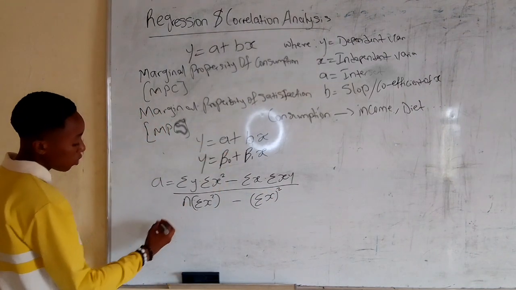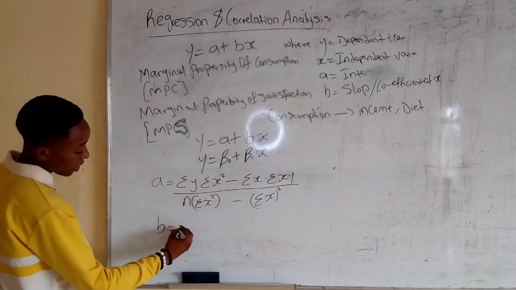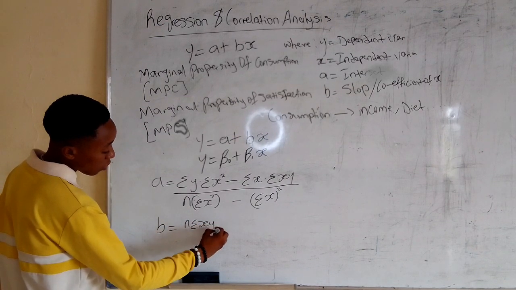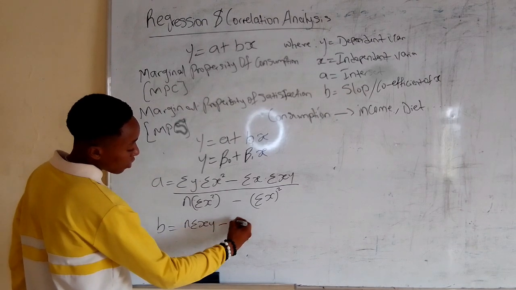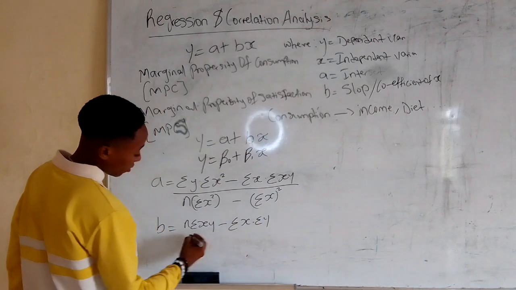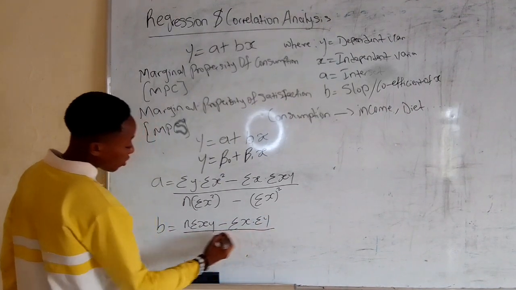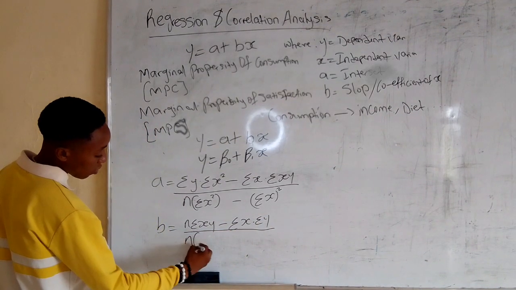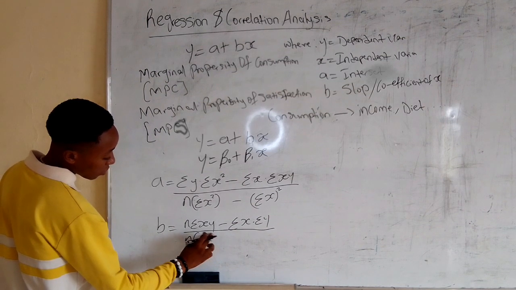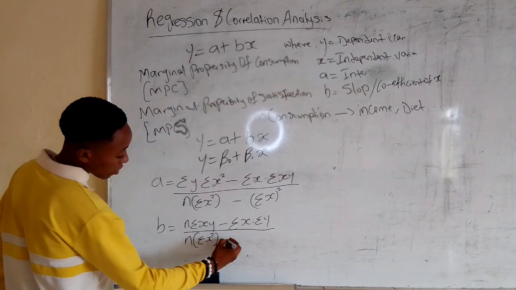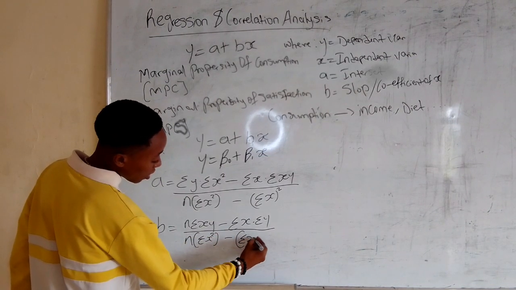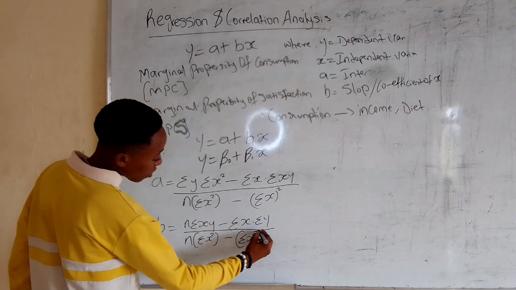Then to find our slope, the formula is n summation xy minus summation x times summation y, all over n open bracket summation x square minus open another bracket summation x square outside.